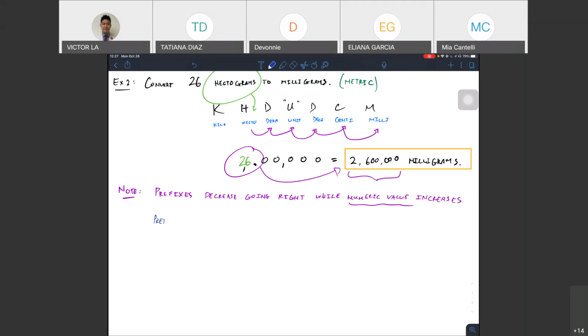Prefixes increase going which way? Not right, but going left. Numeric value decreases.